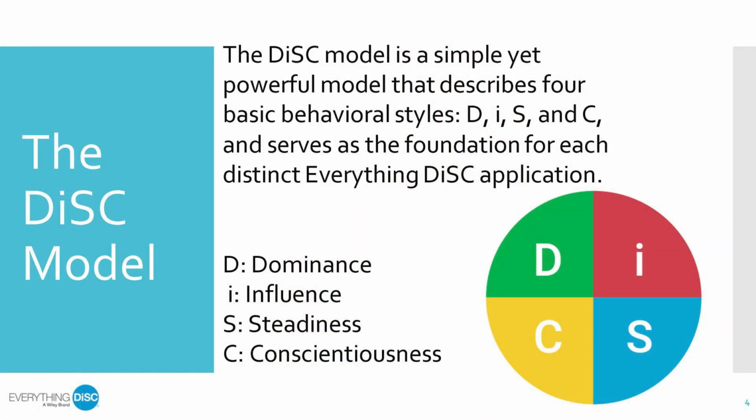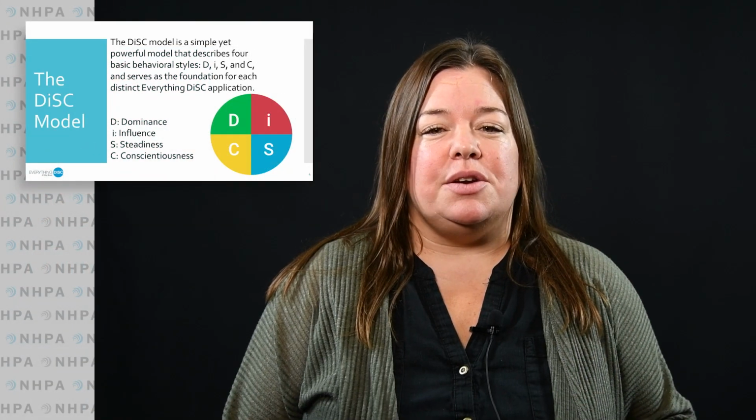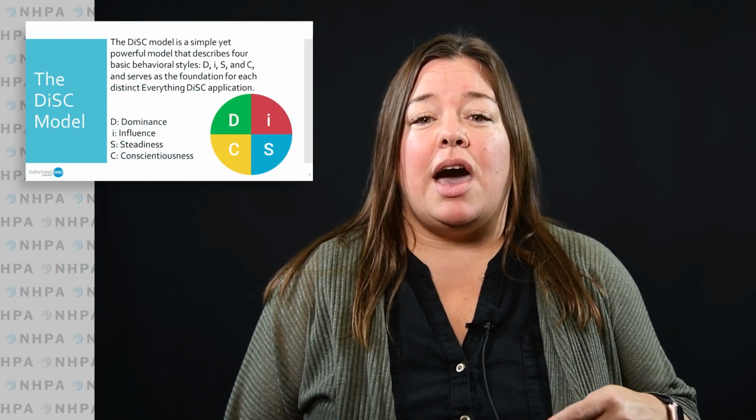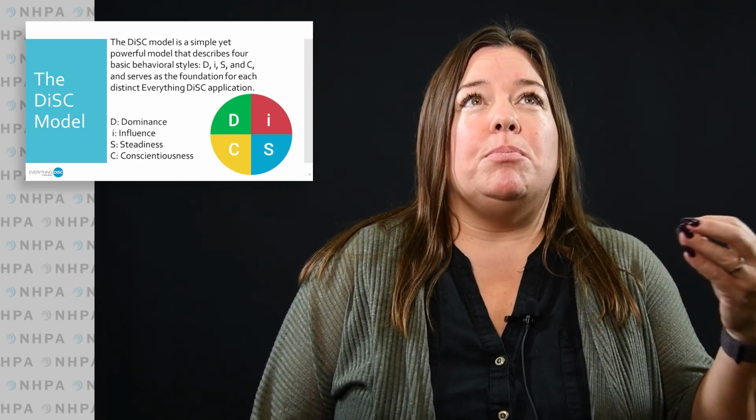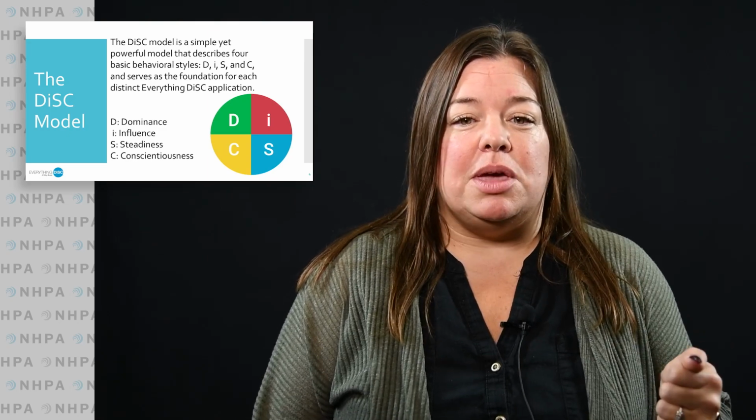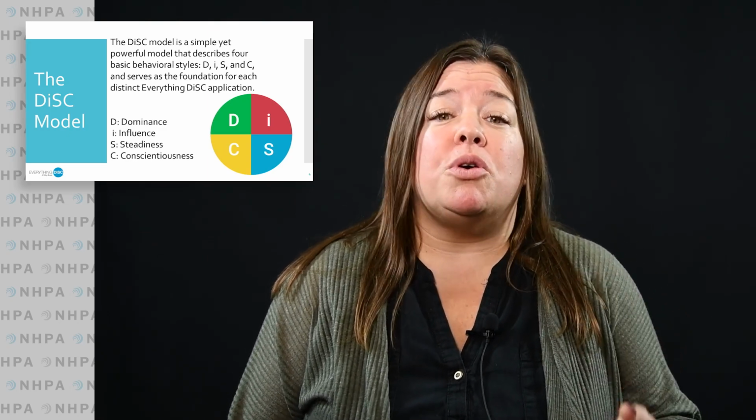So let's talk about this DiSC model. The DiSC model is simple, yet powerful, and it describes four basic behavioral styles: the D, the I, the S, and the C. The DiSC profile describes how you respond to things that challenge you, or how you may be influenced, or how you influence other people. It can describe what your preferred pace is.